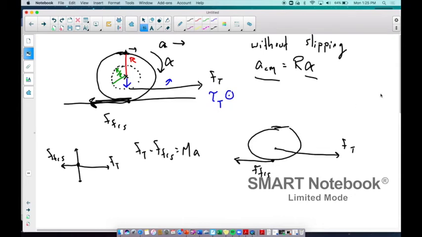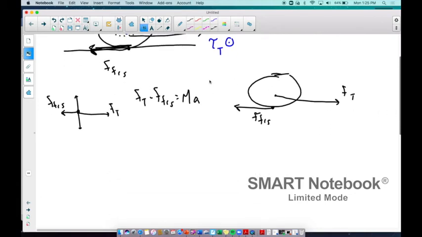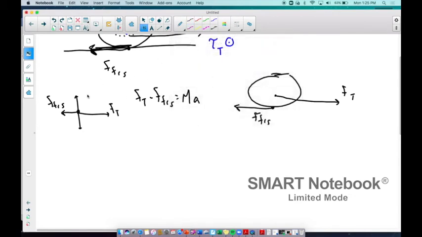I'm worried about torques this time. So you guys can see and get the feel for this problem-solving process. We're always going to do Newton's laws now in two different ways. Translationally, where we collapse it down to a point particle to think about what's happening to the center of mass. And then our extended free body diagram, where we think about where the forces are located relative to the axis of rotation so that we can think about the torques.